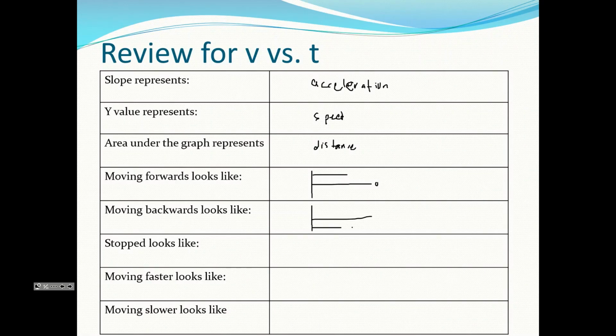Moving backwards is below the x-axis. And stopped is when you're at the x-axis like that. If I'm moving faster, it's going to be this. This is fast. And if I'm moving slower, it's going to be closer to the x-axis, like that. Okay, so that's what we did before. Still need to know all that.